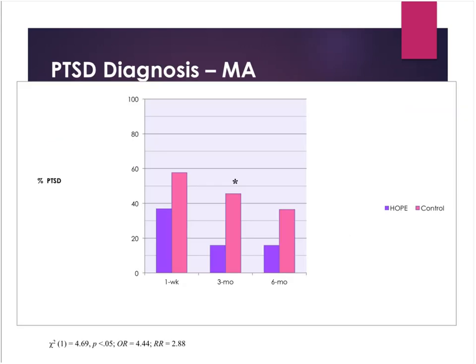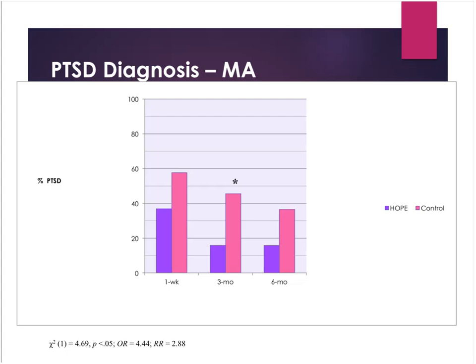Then we looked at what happens on the outcomes we were trying to hit. And of course, first we were looking at PTSD. This slide is looking at the percentage of women who had either PTSD or subthreshold PTSD at follow-up. The pink group is the control, purple is HOPE.